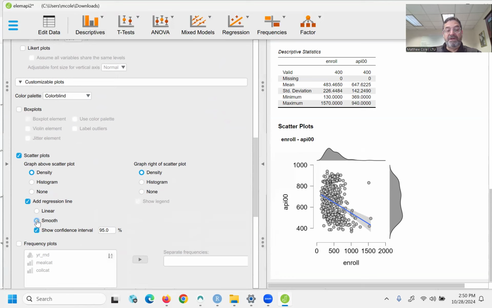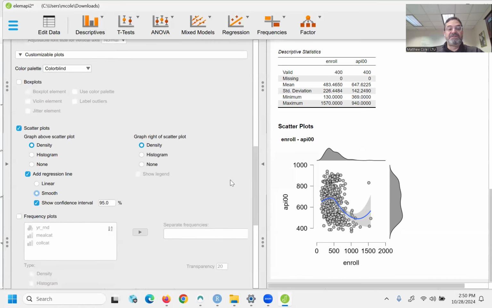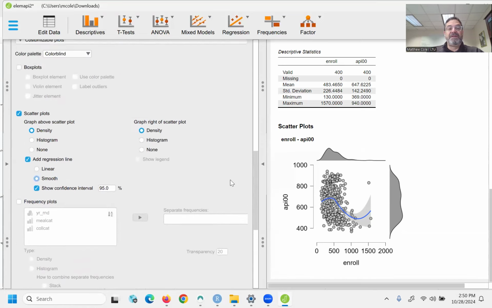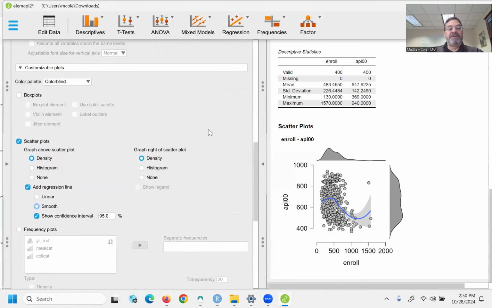And you may want to look at smooth, which starts to ask, is there a nonlinear relationship? That's more advanced regression that I'm not going to be covering in this course, but I'm happy to teach that to you in a follow-up email if you'd like to send me an email. It's really not that complicated to do.